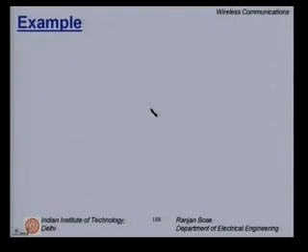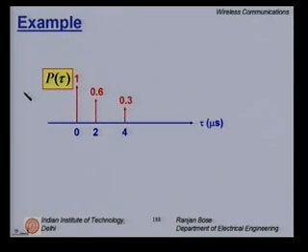Let us look at an example. Let us consider a multipath channel where by measurement the power delay profile looks like this. There are 3 impulses received, one clearly coming from the line of sight and 2 from reflections.